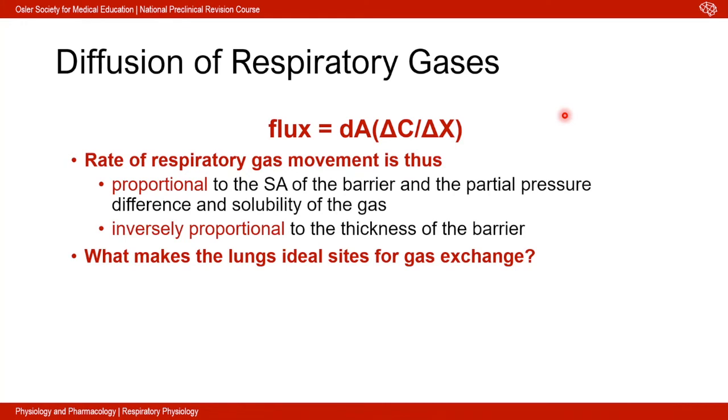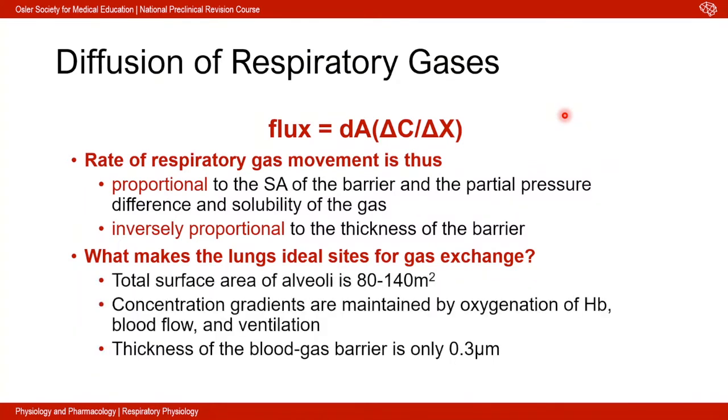So looking at the lungs, why are they designed as they are? The answer is just to optimize this equation, basically. We've got a huge surface area, 80 to 140 meters squared, massive. We've also got really steep concentration gradients because we've got hemoglobin, which we'll talk about more in a sec, and very constant blood flow going through the lungs.